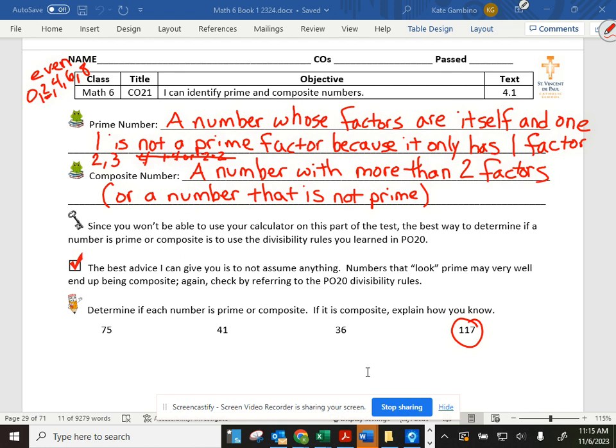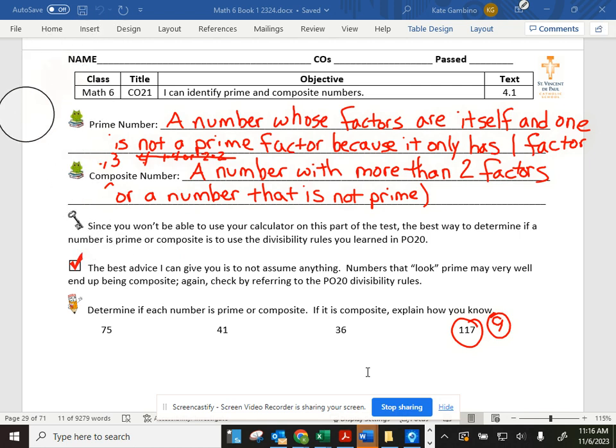We know it's not divisible by 2 because that 7 is an odd number. If I add 1 plus 1 plus 7, that's 9. 9 is divisible by 3. 9 is divisible by 9. So it has more factors than just 1 and 117.